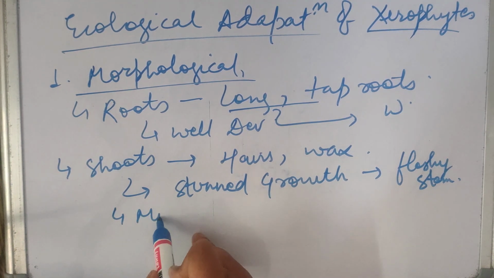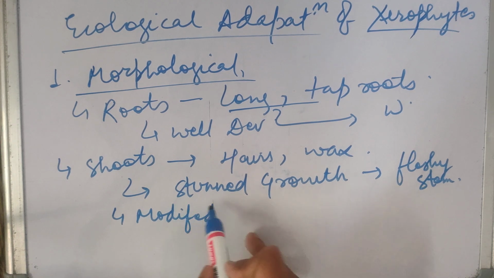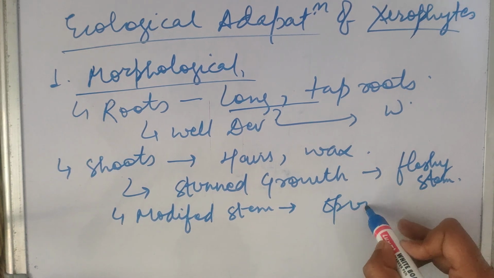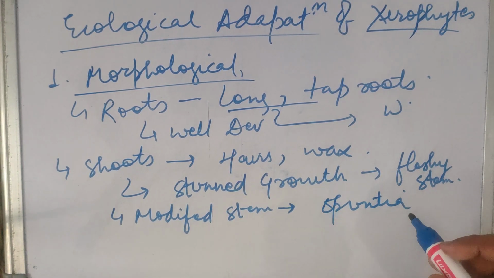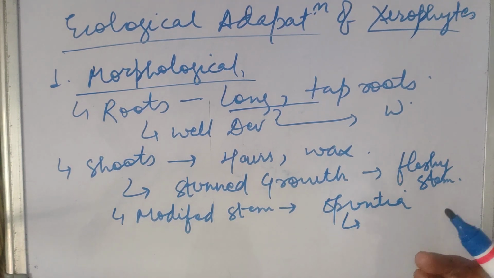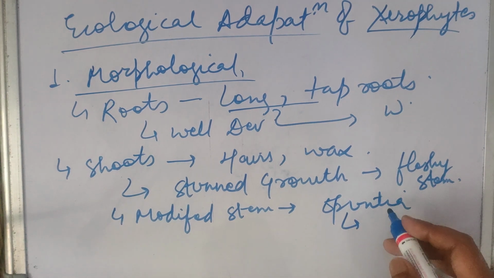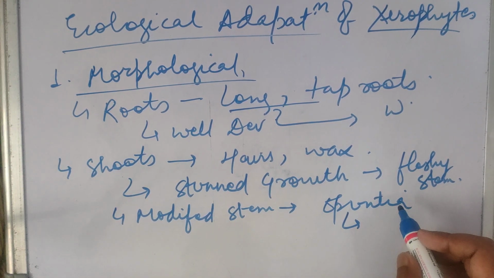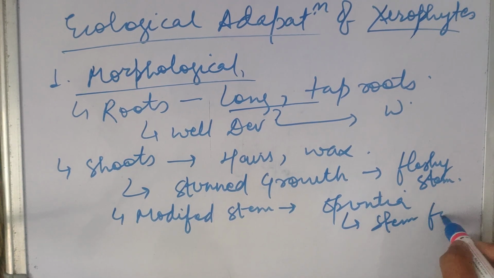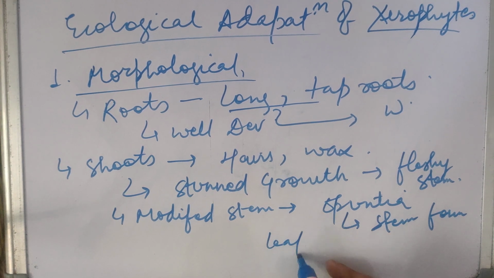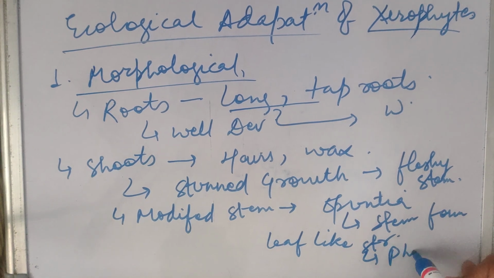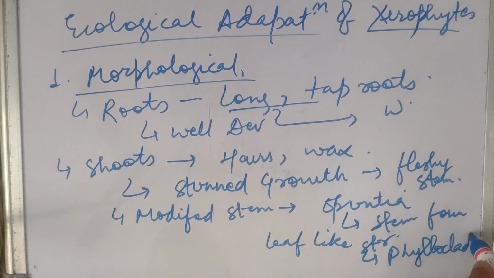We also see modified stems, such as in Opuntia, where there is a stem with a leaf-like structure, which is called phylloclade.